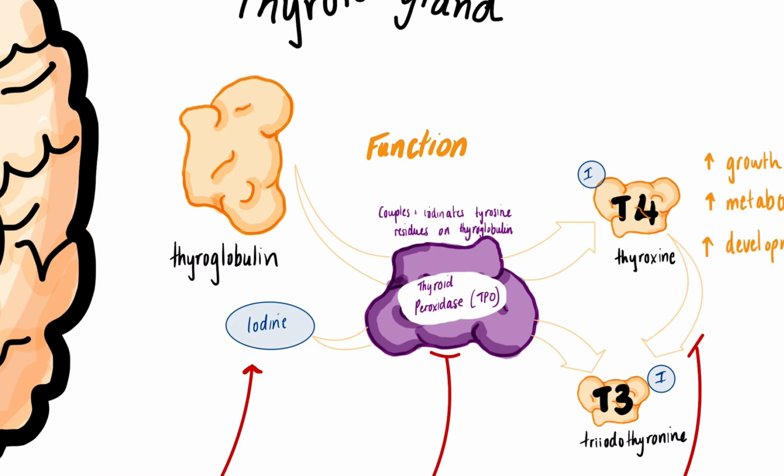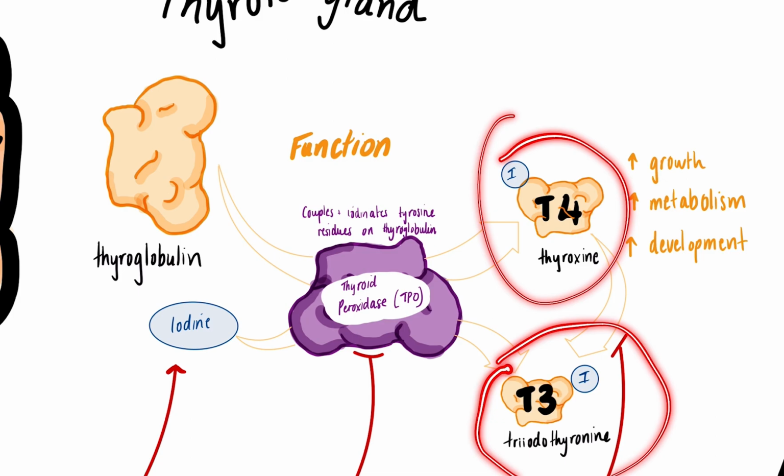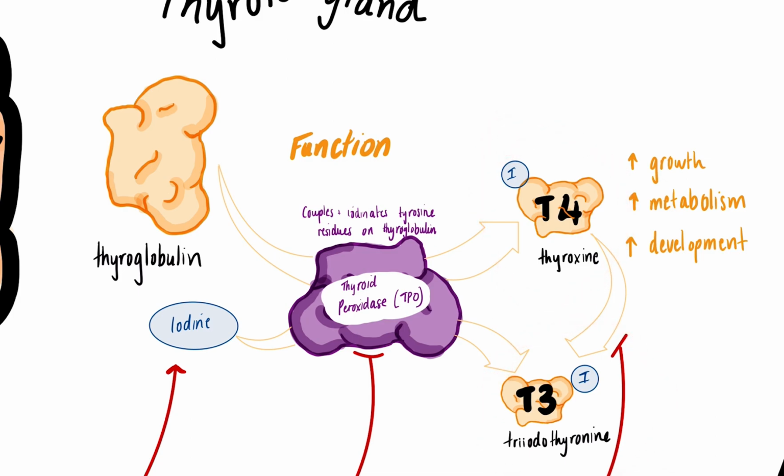In the thyroid, we have a protein called thyroglobulin and an enzyme called thyroid peroxidase, or TPO. And in the presence of stimulation from TSH, TPO couples and iodinates tyrosine residues on thyroglobulin, leading to the formation of two hormones, namely thyroxine and triiodothyronine, or T4 and T3.